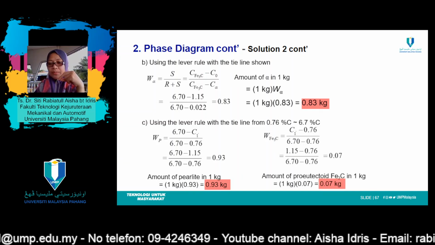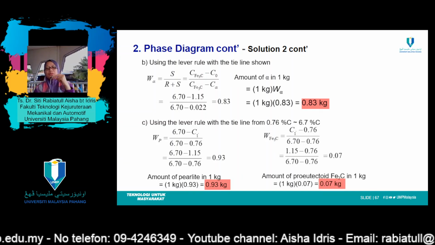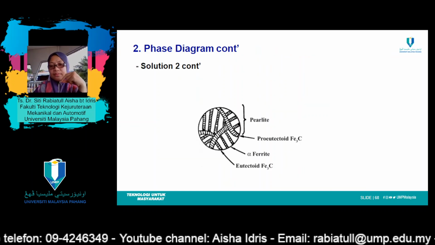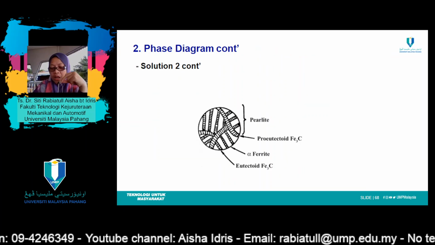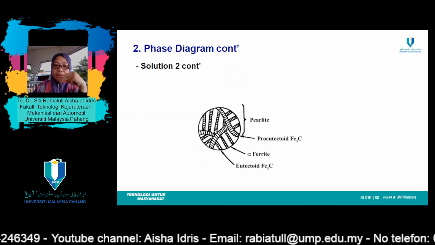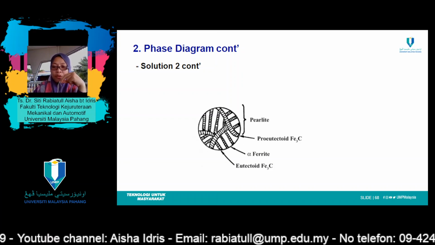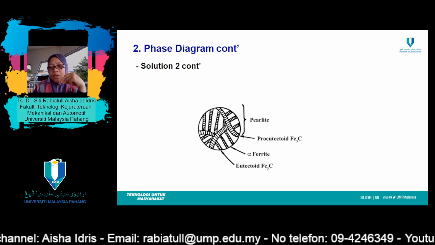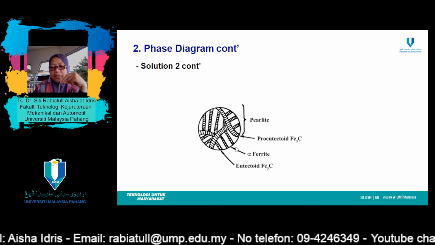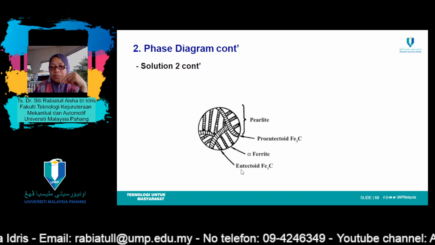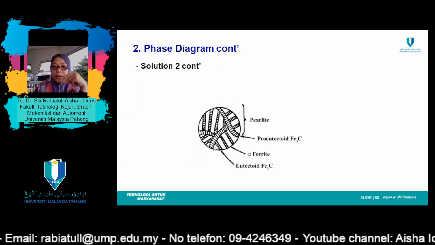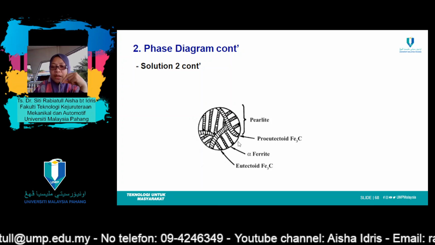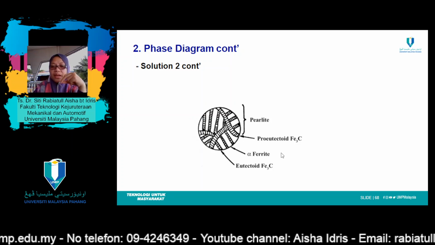Same goes to cementite, you should be able to get 0.07 kilogram of cementite. And this is the microstructure for this case. You may see the alpha ferrite there, and then eutectoid cementite, and pro-eutectoid cementite.